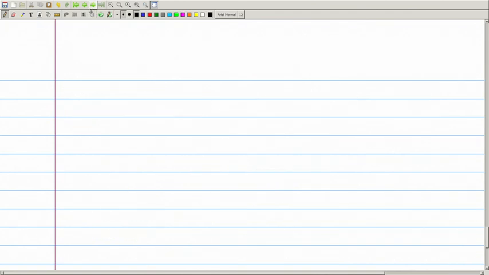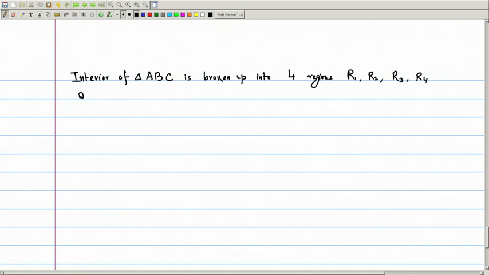So, the interior of triangle ABC is broken up into 4 regions R1, R2, R3, R4, which are 4 congruent equilateral triangles.